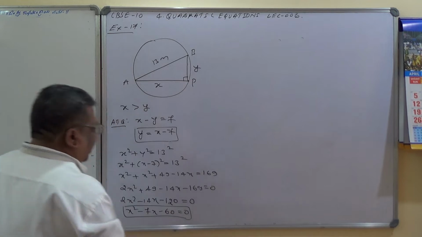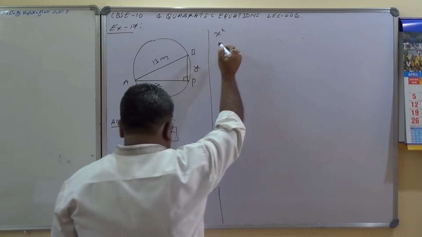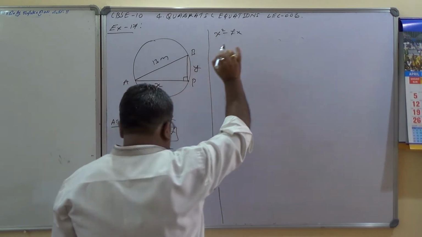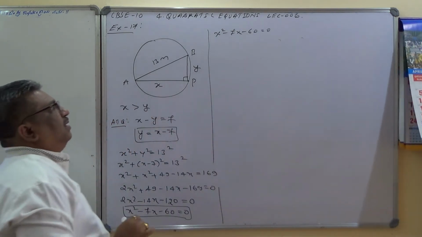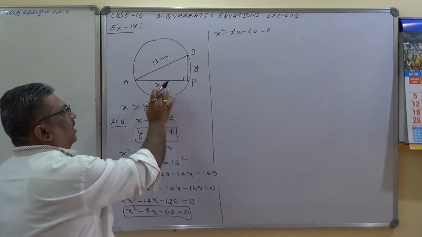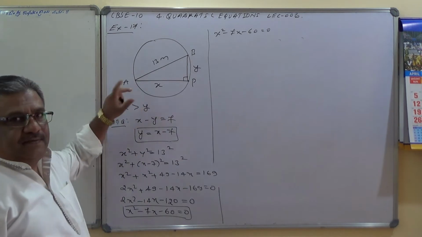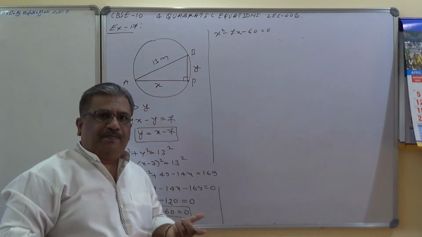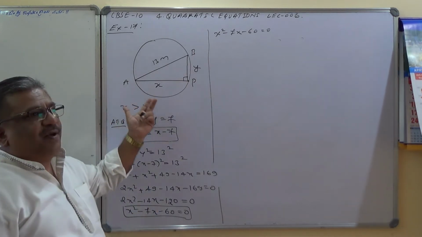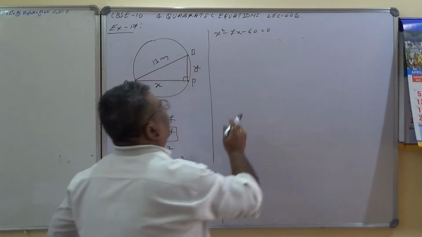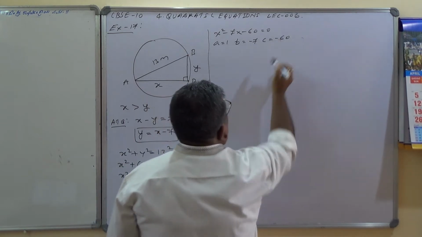So we got the equation, I'll write it once again here: x square minus 7x minus 60 equals 0. Correct? Now the question is, first, is this situation possible or not? So let us find the discriminant of this one. If it is greater than or equal to 0, then real roots exist. Otherwise it is not possible because imaginary roots exist. So let us see now. a equals 1, b equals minus 7, c equals minus 60.